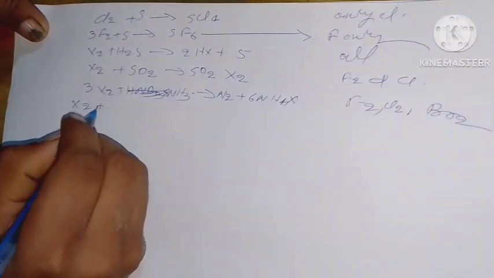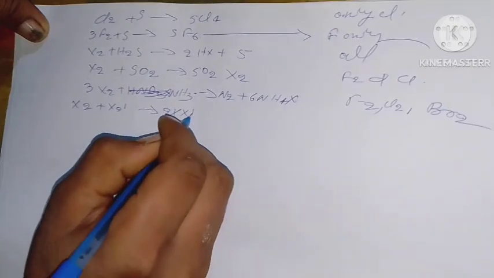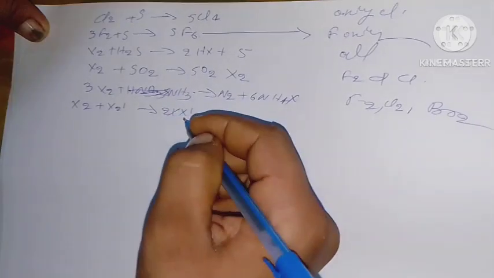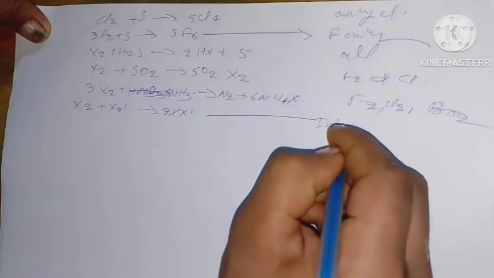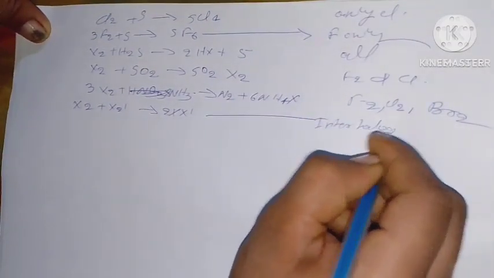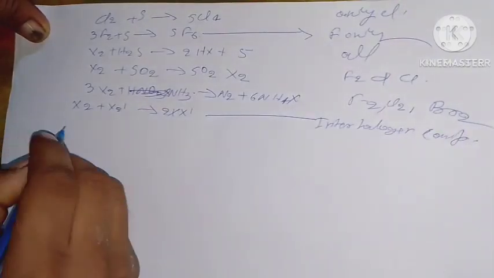And X2 plus X dash 2 gives 2XX dash, that is interhalogen compounds.